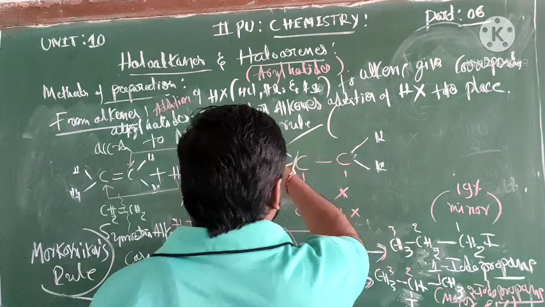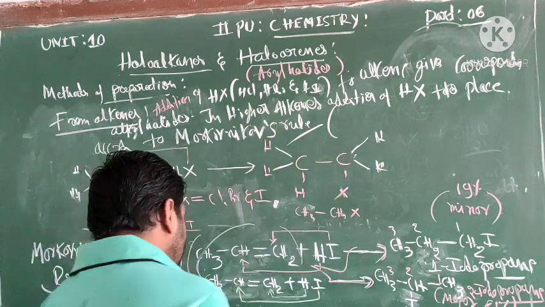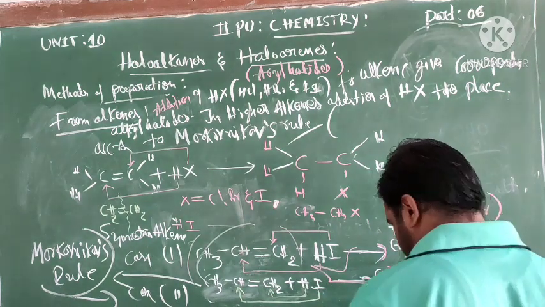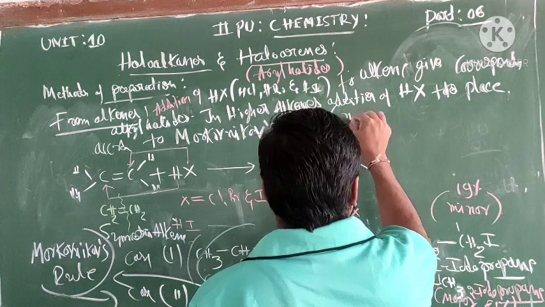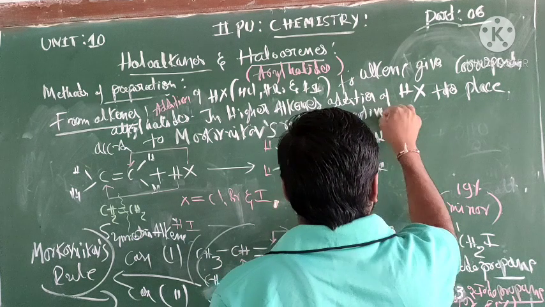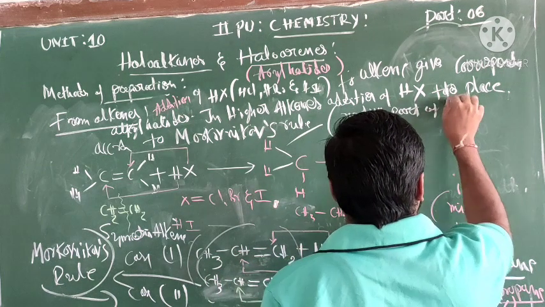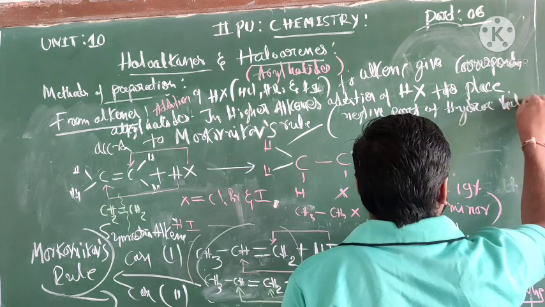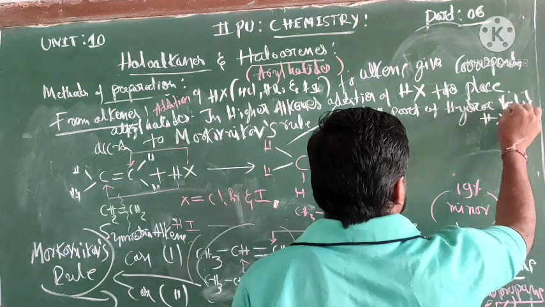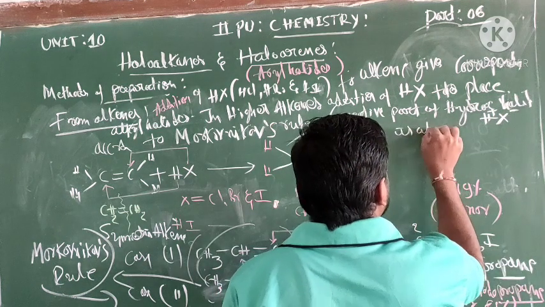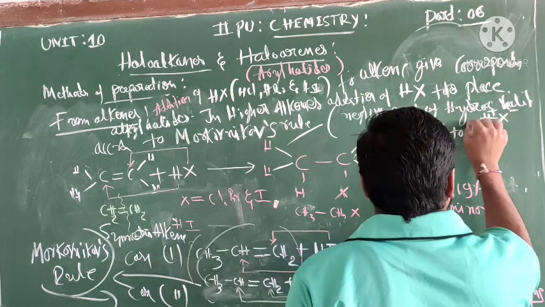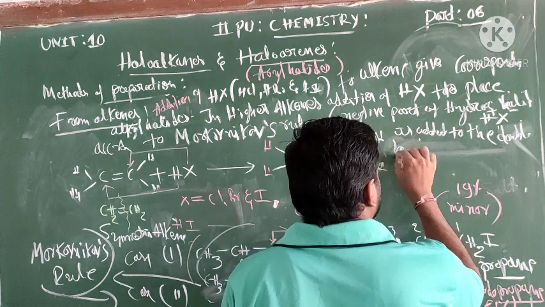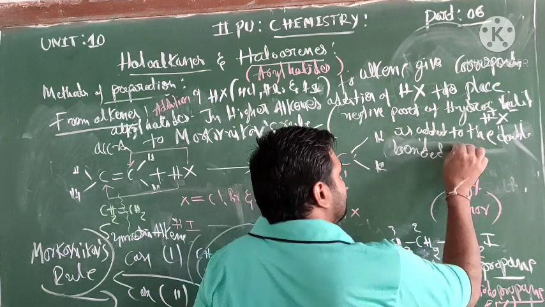So what does Markovnikov's rule say? See here, this is the second one, Markovnikov's rule. It explains that the negative part of the hydrogen halide, this means HX, is added to the double bonded carbon.